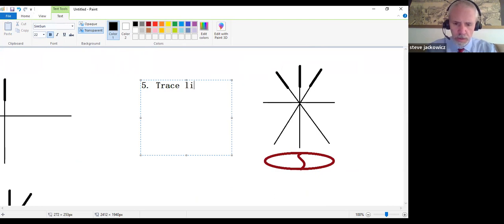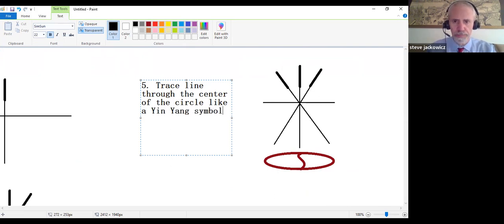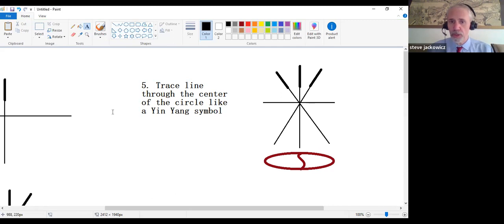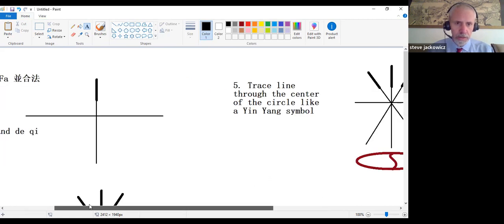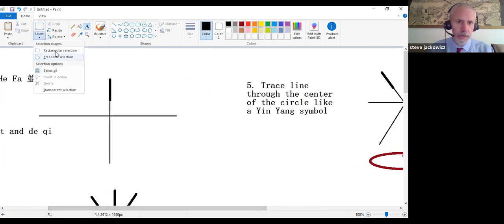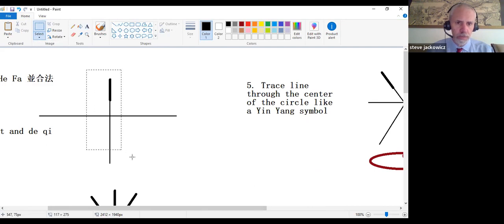Trace a line through the center of the circle like a yin-yang symbol. Okay, that's 5. Only 2 more steps and we're all done with it. Okay, so then we have to come up and down. So I'm going to switch over to this little diagram over here. Still take number 1 again because we're not going to have the spiral anymore. So we take this for 6 and 7.